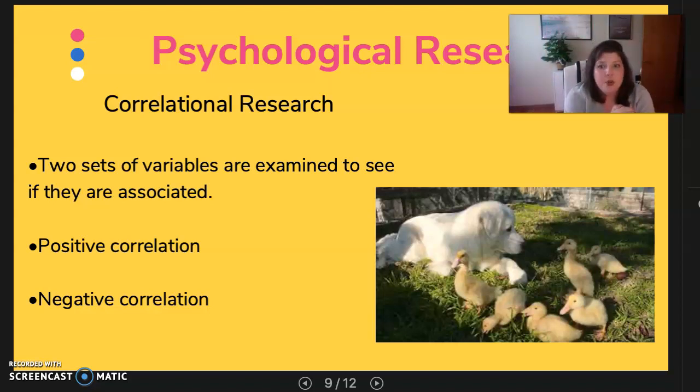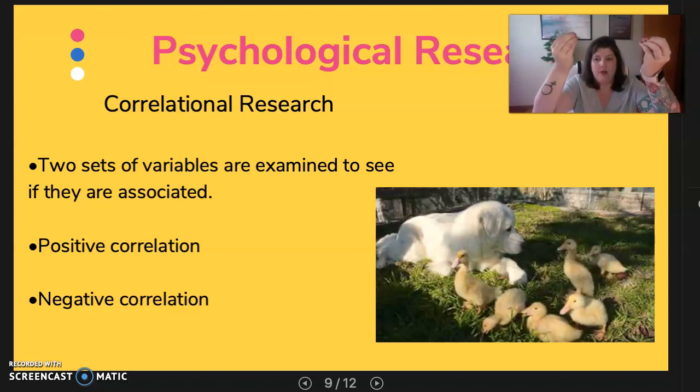Okay, so if I was, like I said, studying happiness levels and then amount of time spent with animals, if they were positively correlated, then they would have high happiness levels and high amounts of time spent with animals. Versus if there was a negative correlation, then it could be a lot of time spent with animals, but low happiness.